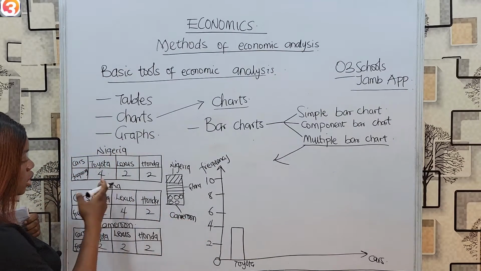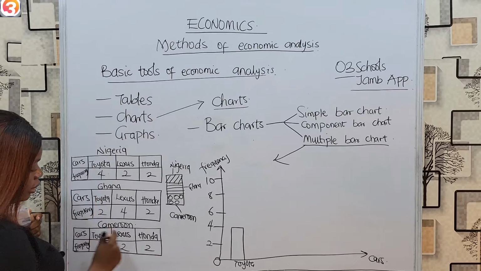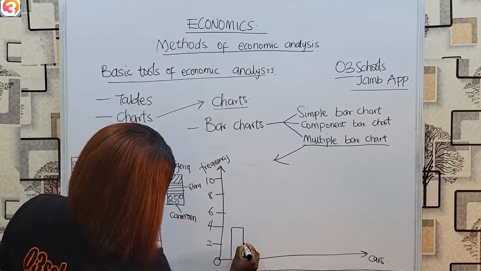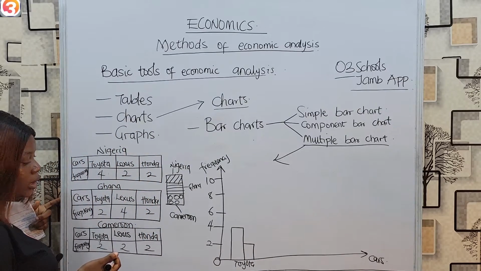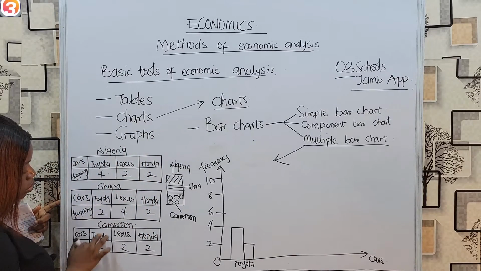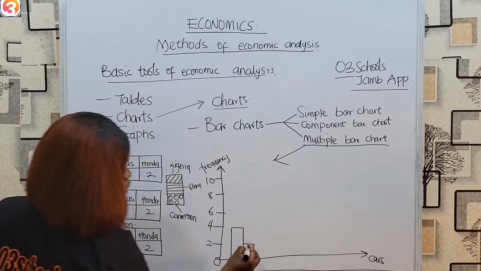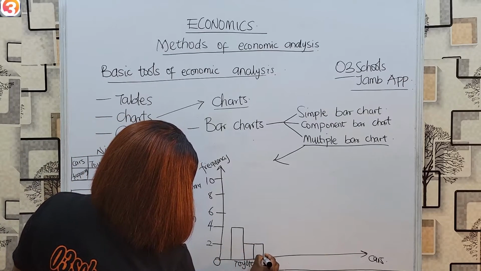We're following, right? Then we have Toyota in Ghana is 2, so we're going to draw it this way. Like I said earlier, the bars are joined together. Then for Cameroon it is also 2.